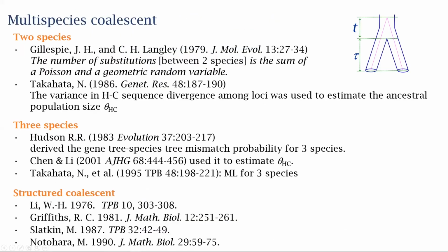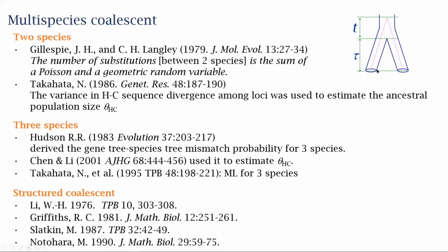So here's a bit of history. Maybe I'll just go through this very briefly. There's a paper by John Gillespie and Chuck Langley, which I didn't see really early on. This is even before the coalescent papers. They were dealing with something about the molecular clock and so on, but they mentioned that for two species, the difference between the two in terms of number of substitutions is the sum of a Poisson and a geometric random variable.